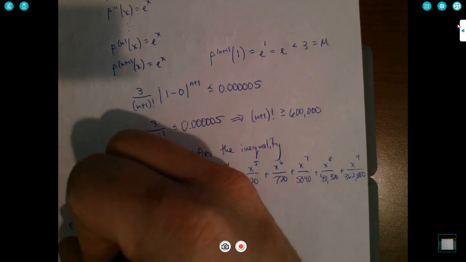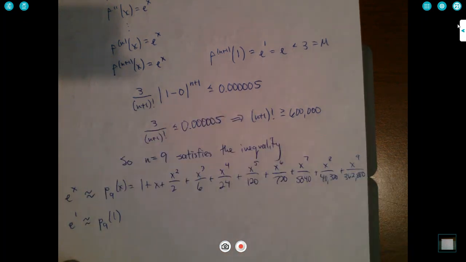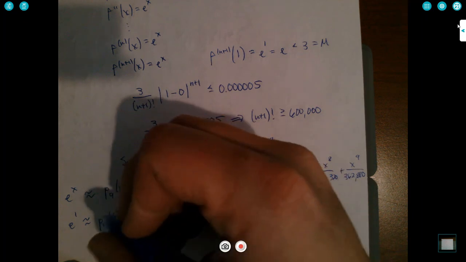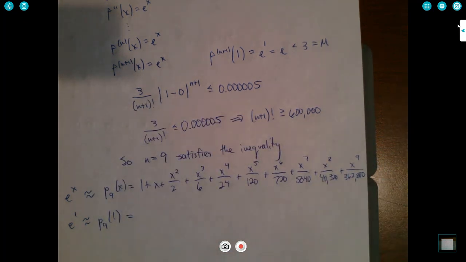So e to the first power is approximately p sub 9 of 1, which is really nice because all of these powers of x are just going to be 1. So I'm not going to bother to write them all out. I'm just going to punch this into my calculator.